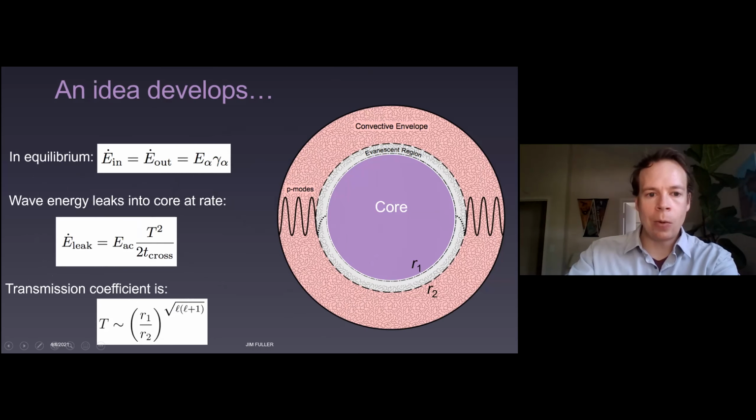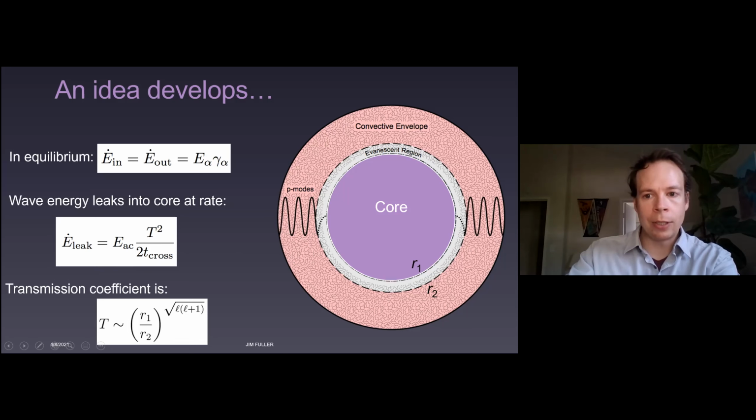Then there's an inner square well where the waves propagate as gravity waves. And they're separated by an evanescent region. So what we did is a very simple calculation: if you think about a wave trapped in this square well and it's leaking power into this other well, you can calculate pretty easily the rate at which it's losing energy. It's basically just determined by the thickness of this evanescent region.